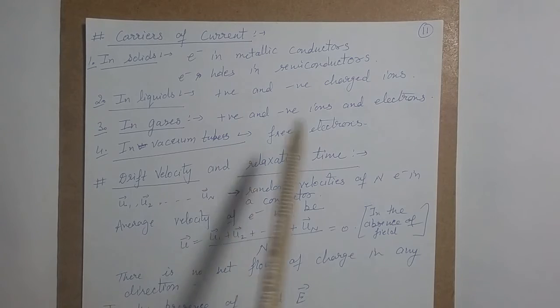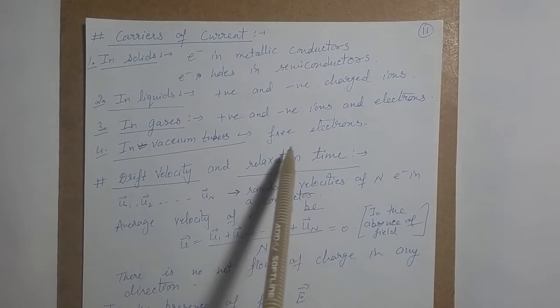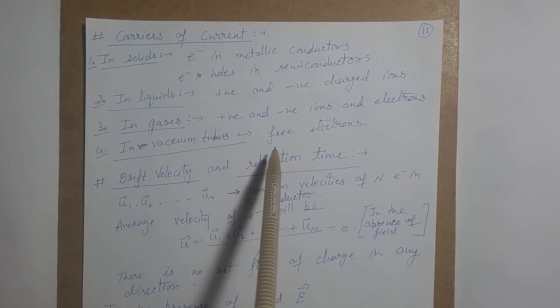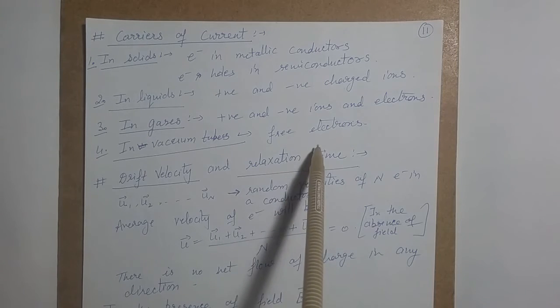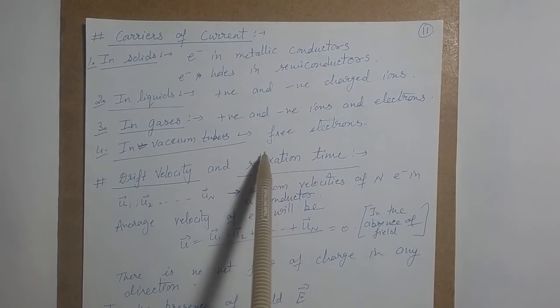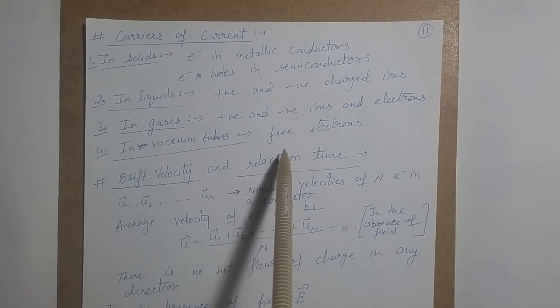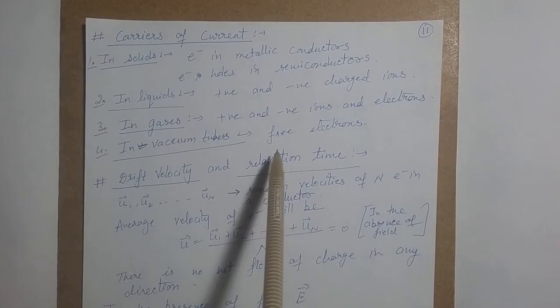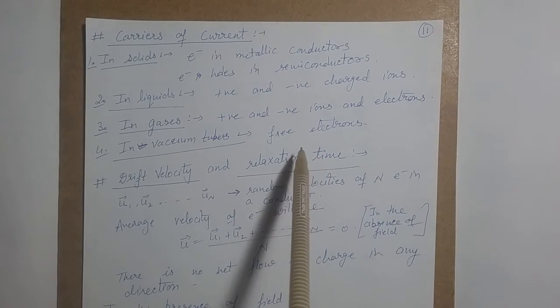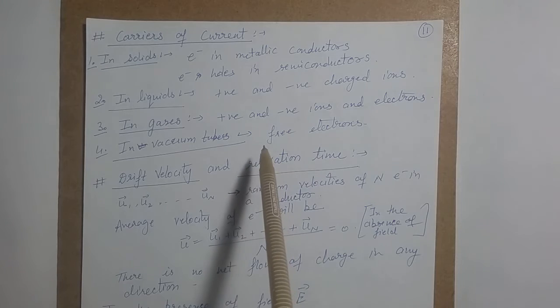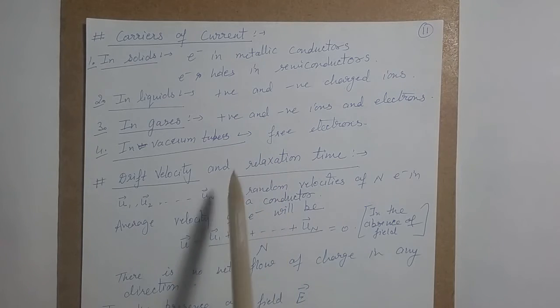Now how do they contribute to the flow of current, how are they making the current flow through a given circuit or a conductor? For that we need to apply some potential to that particular circuit. Now what happens after providing the potential to a given circuit?